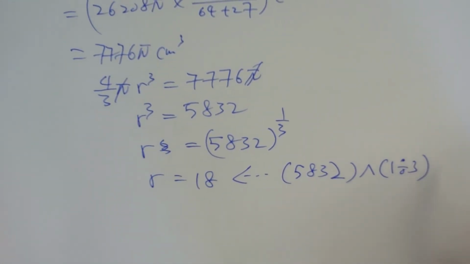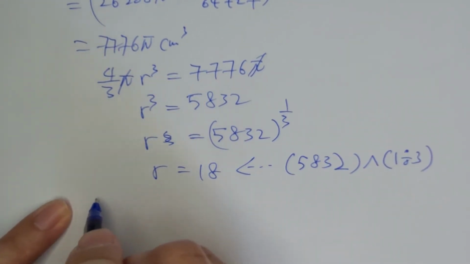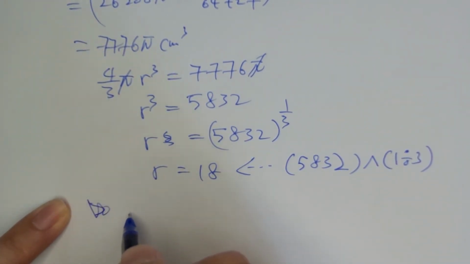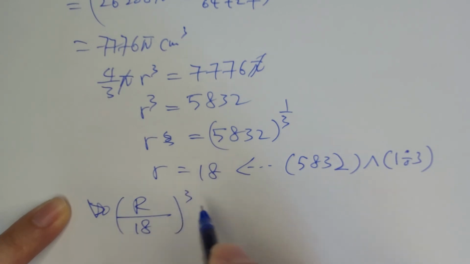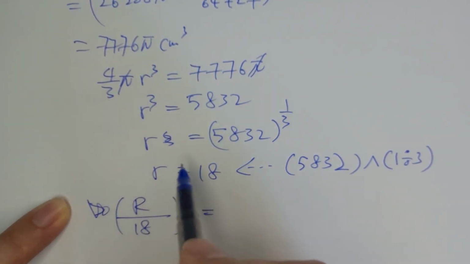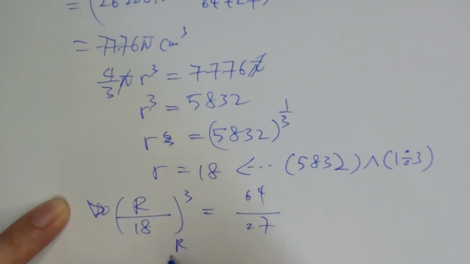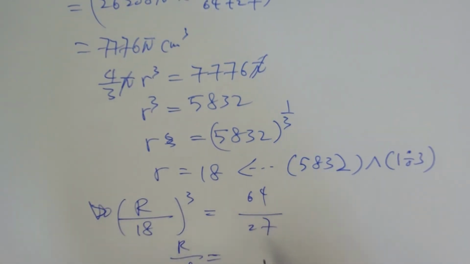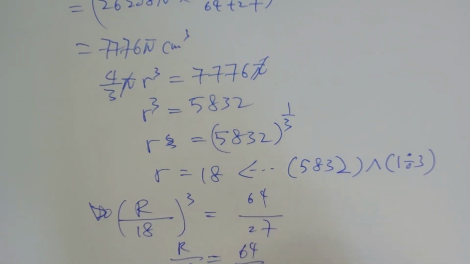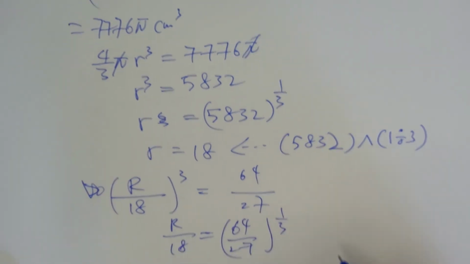So how about the radius of the larger sphere? R over 18, that is the radius of the larger sphere over the radius of the smaller sphere, bracket cube. From the length ratio, you take the cube, that becomes the volume ratio, that is 64/27. So R over 18 is 64/27 to the power 1/3.